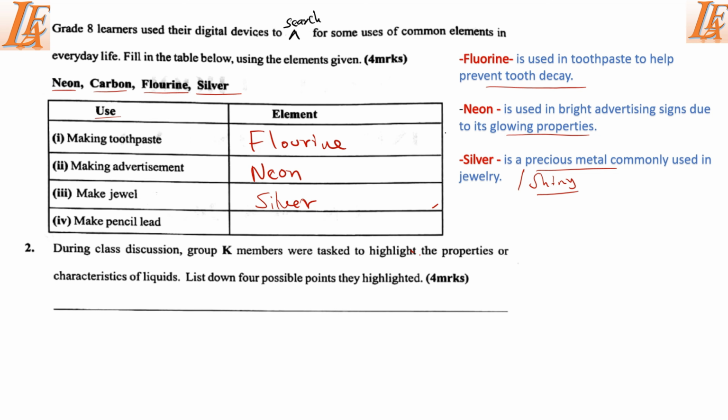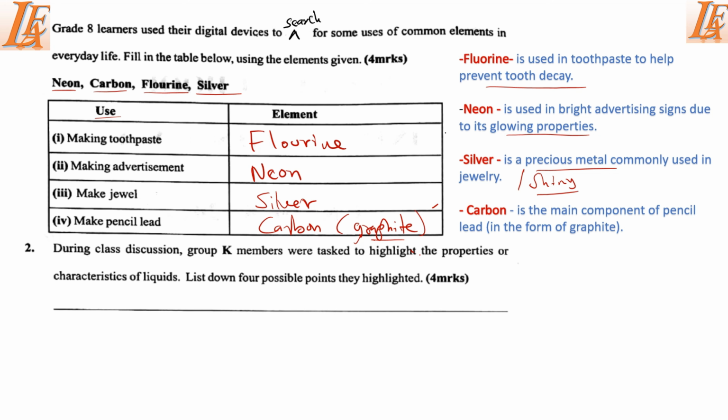And the element that we use in making pencil lead is carbon, but graphite. Carbon can be found in 2 crystalline forms. We have graphite and diamond, so we use graphite. And the reason why we use graphite is because graphite is slippery.